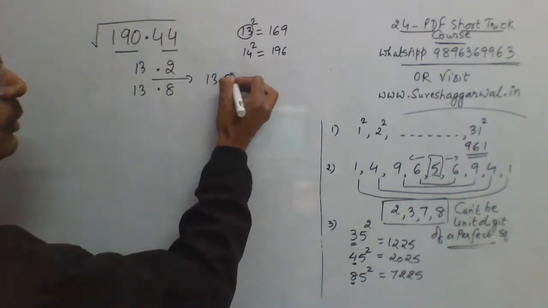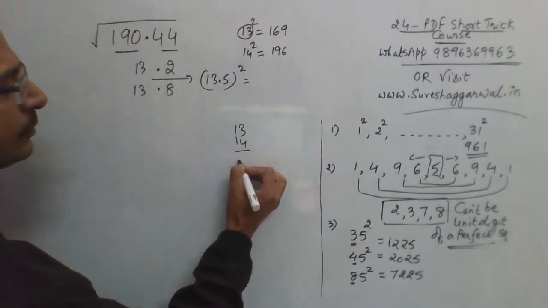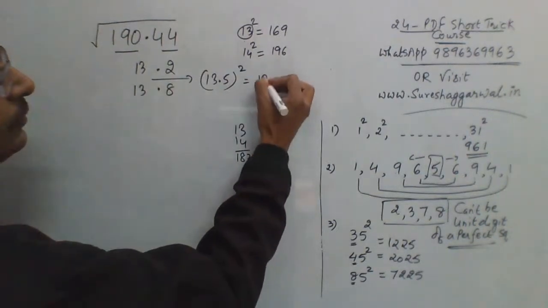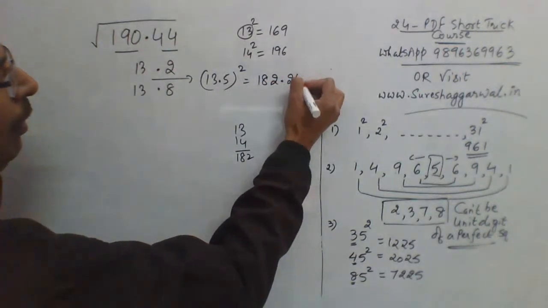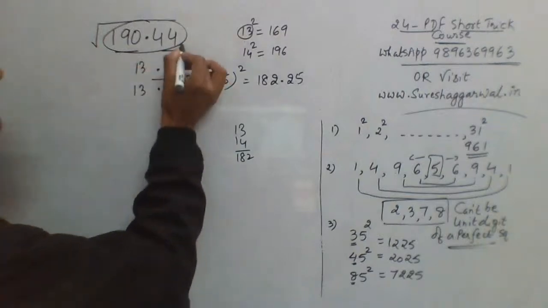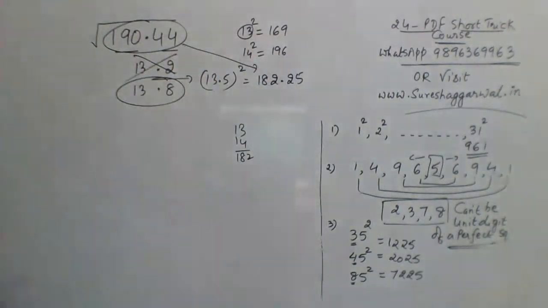Now I want 13.5 square. For that I need to multiply 13 by 14. This will be 140 plus 42, 182. So my number 190.44 is greater than this. So my answer is the greater one, and the smaller one is rejected. 13.8 happens to be the correct answer.